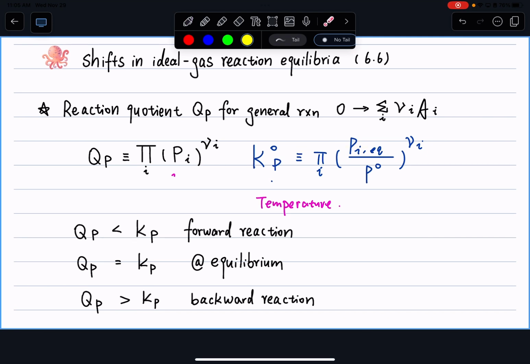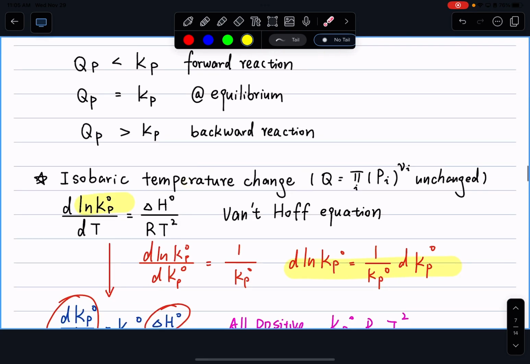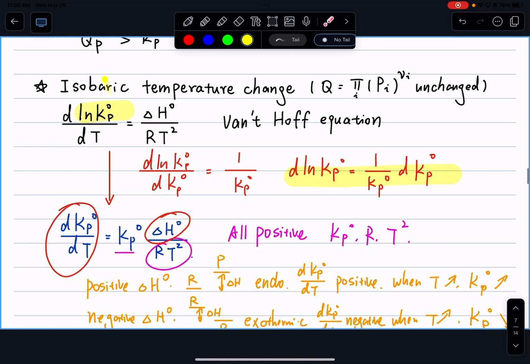So we saw several examples together. At the beginning, we talked about the isobaric temperature change. That means we are not changing the pressure, so your reaction quotient remains the same. We're changing the temperature, so your equilibrium constant is shifting depending on how the temperature is changed.